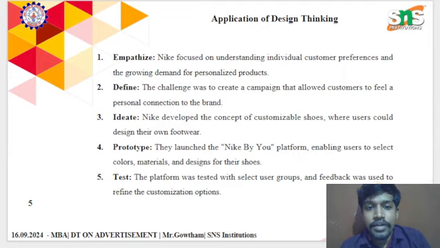Then define: we should create a user-friendly campaign and discuss with them what the problems are and where they missed out. Then ideate, prototype and test, which is developed in the plan, with models, features and taglines, and then user group feedback is collected from the areas, resolving the problem for Nike.